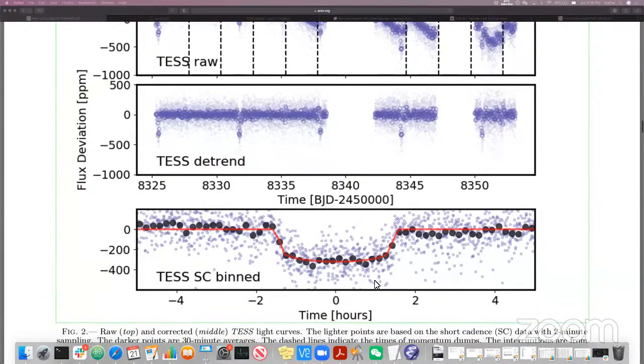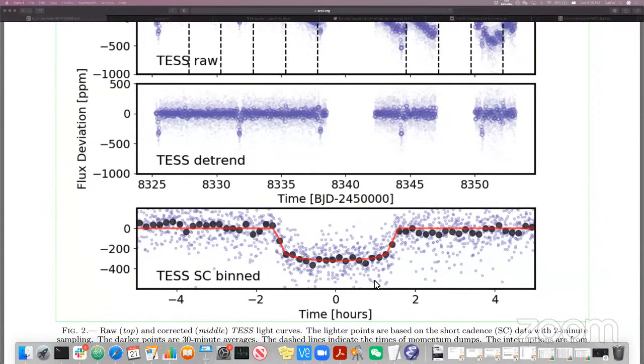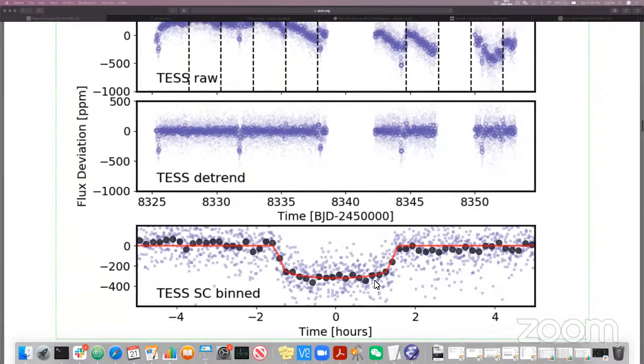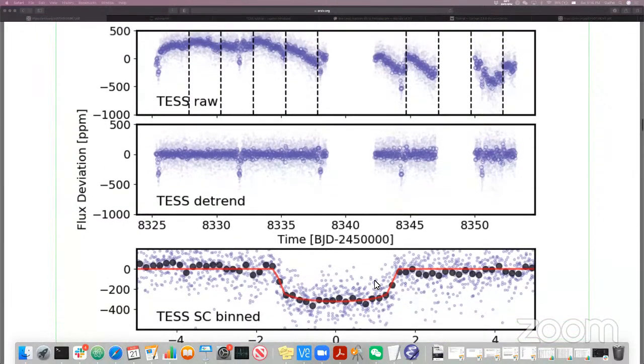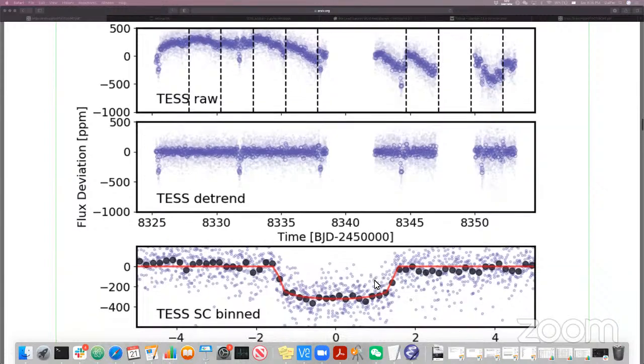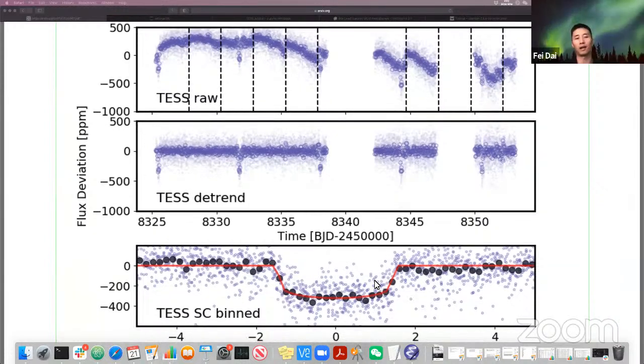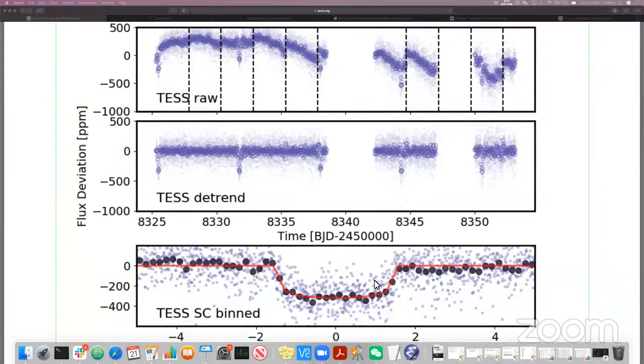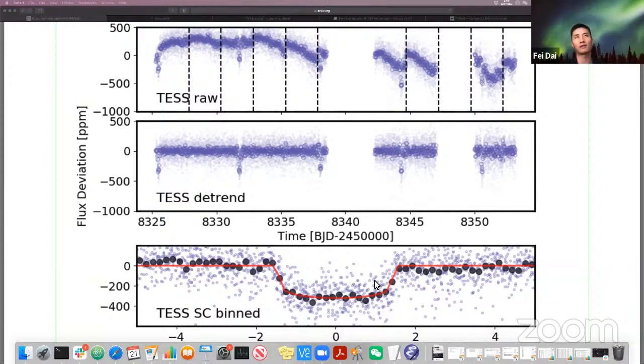Here in the plot, there is a negative flux deviation. What does that negative flux deviation mean? Right. So, as I explained yesterday, we are only counting the number of electrons, right? First of all, there are at least a few effects.